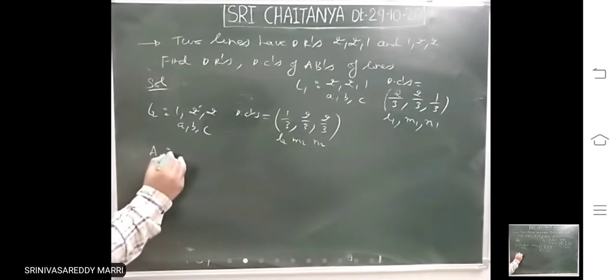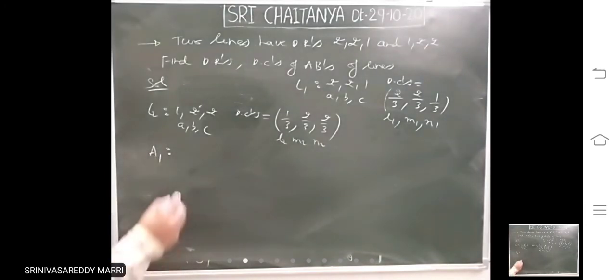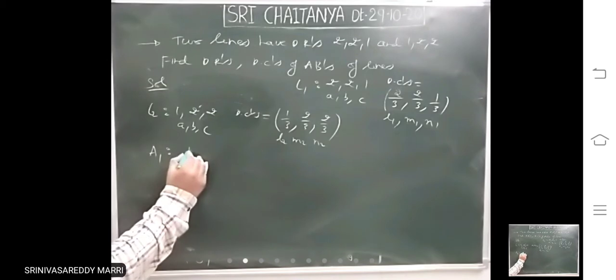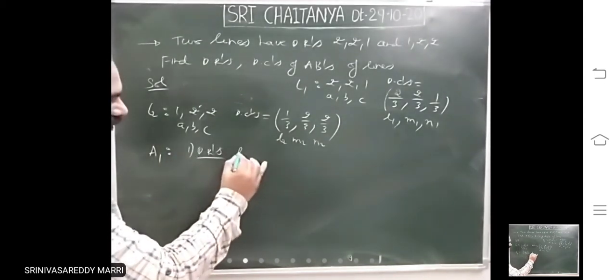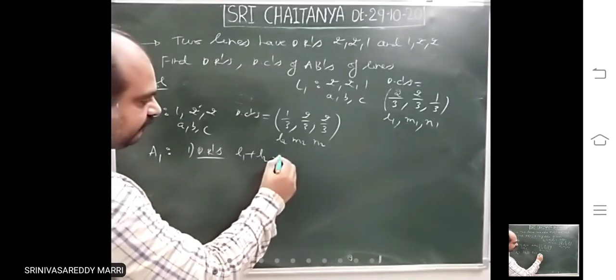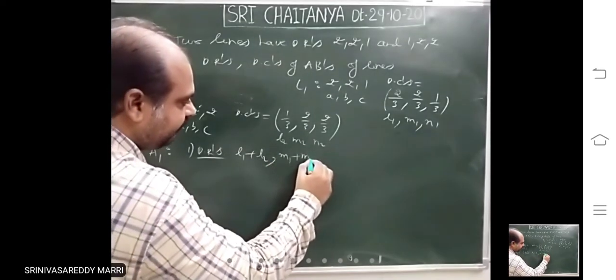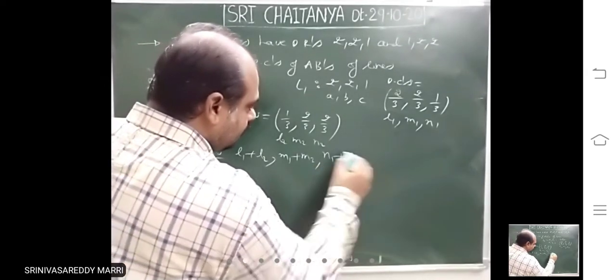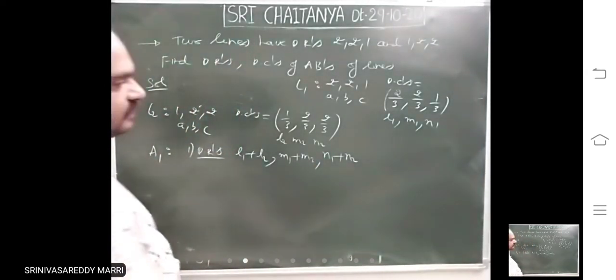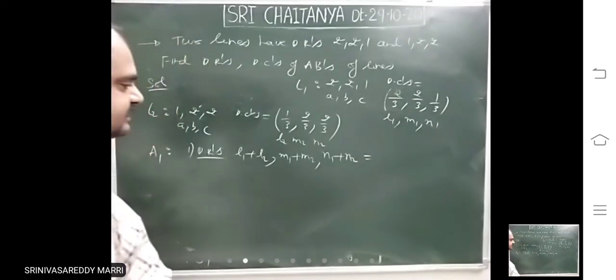Angular bisector 1. First I am calculating the DRs. What is the formula? L1 plus L2, M1 plus M2, N1 plus N2. That means DRs only.